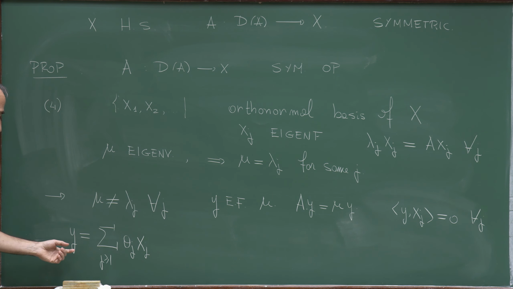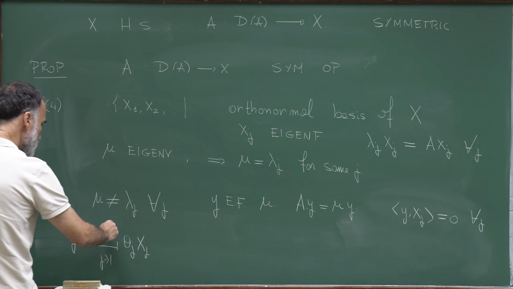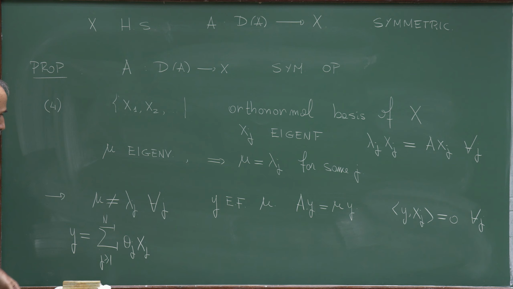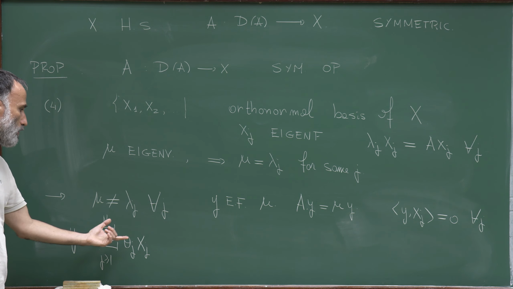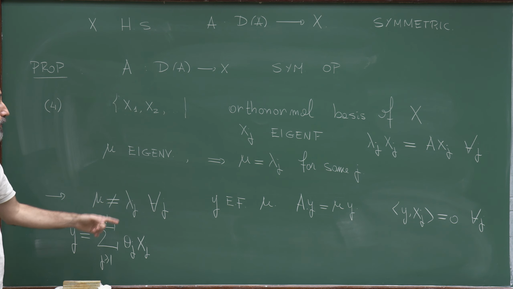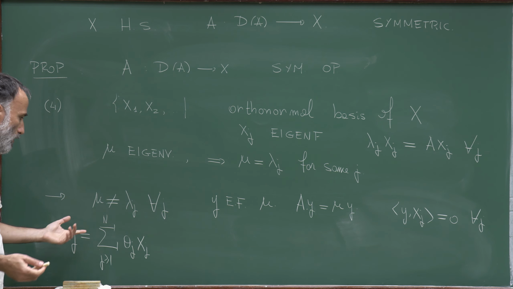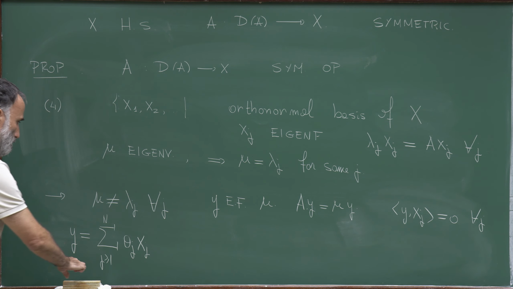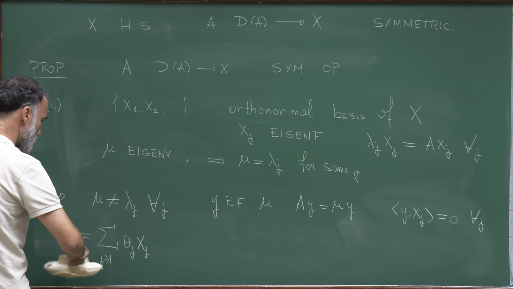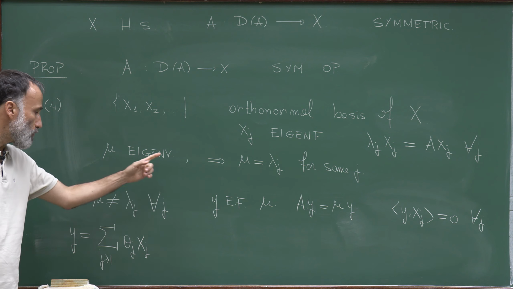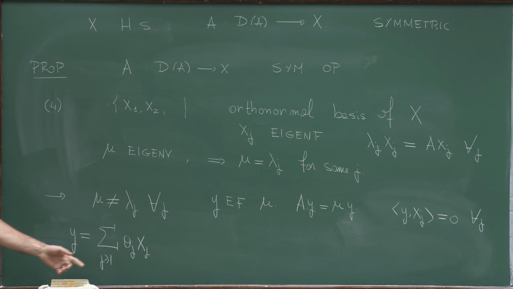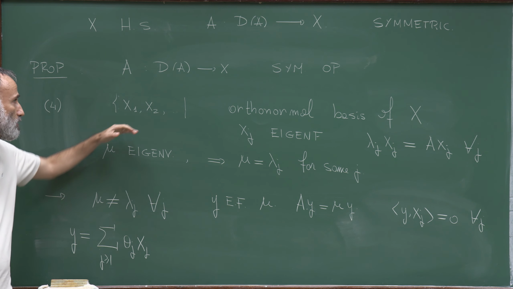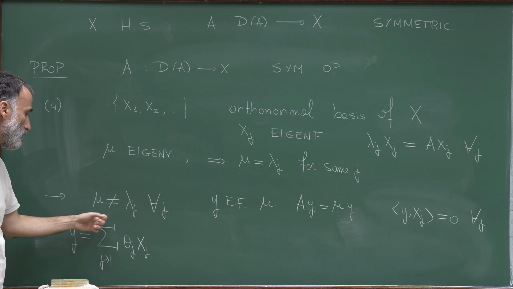So this means, you have to remember from the lectures on Hilbert space, that if I take the partial sums, what I get is a sequence which is converging in the norm of X to a vector which I'm calling y. So since this forms a basis, I know that I can write y as this sum, which might be finite if there is a finite number of elements, or an infinite sum.